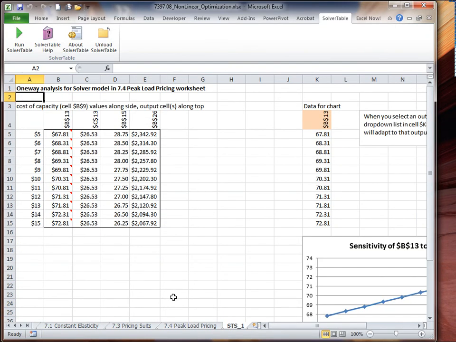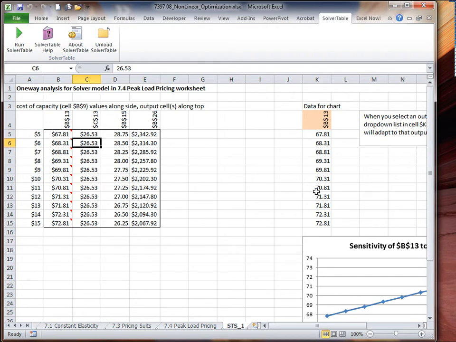And there's my answer. So you see my peak load pricing. And interestingly enough, my peak load pricing looks like it only goes up by a nickel or 50 cents as the cost of capacity goes up by $1. See that relationship there? That's a constant 50-cent relationship on my peak load price.